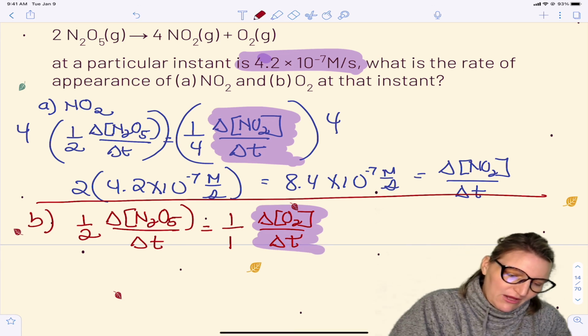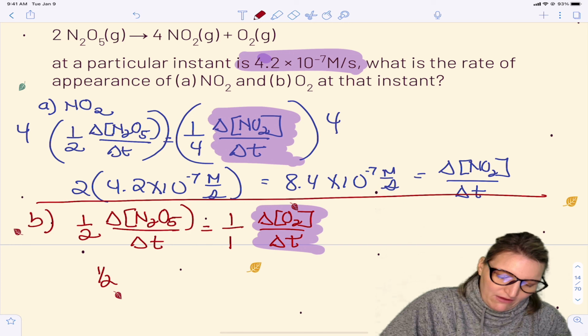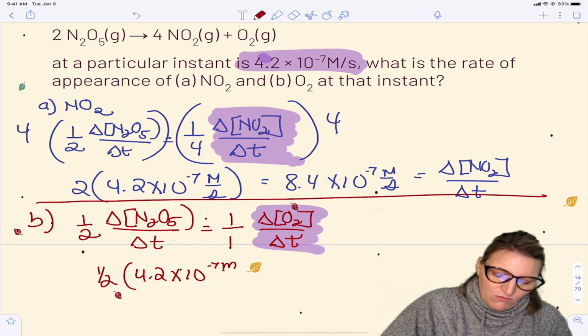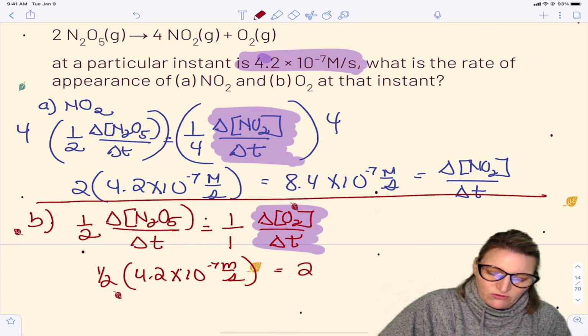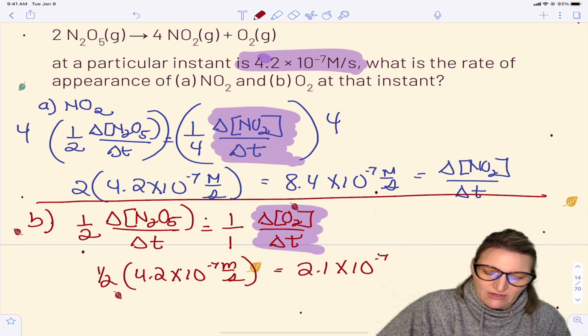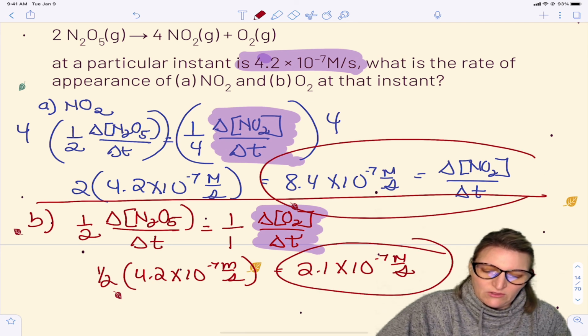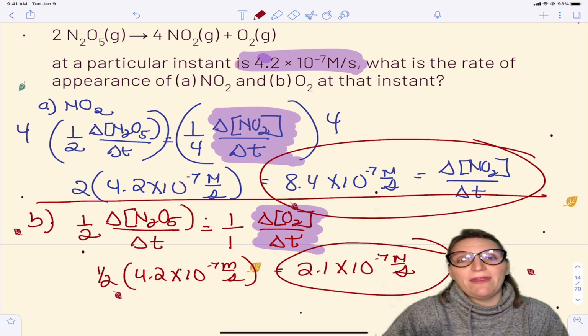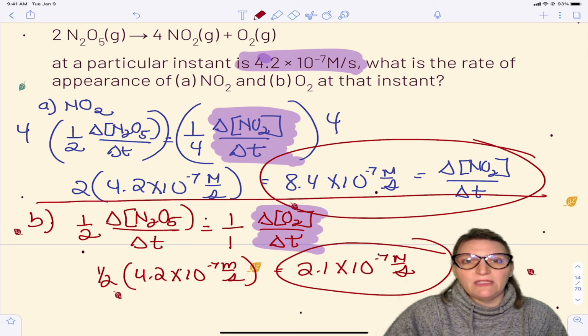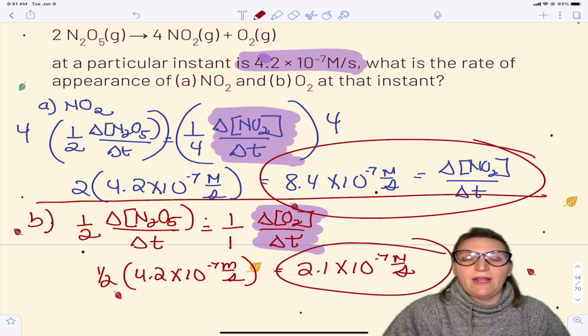I'm just going to multiply the 1/2 times 4.2 times 10 to the negative 7 molarity per second, which would equal 2.1 times 10 to the negative 7 molarity per second. Both of those I was able to solve without a calculator. Means it would be perfectly appropriate for an open response or multiple choice question.